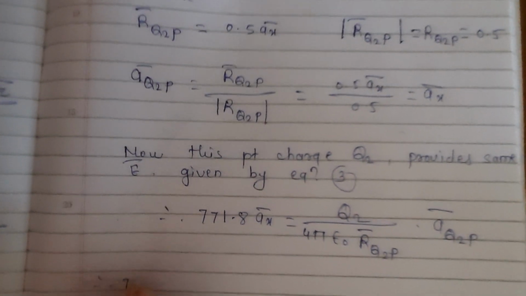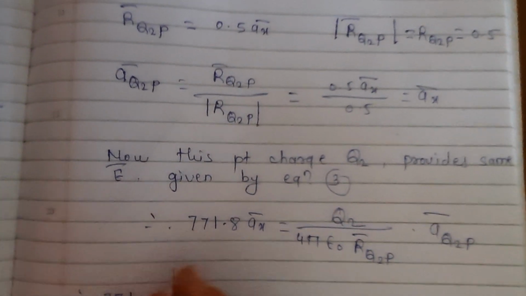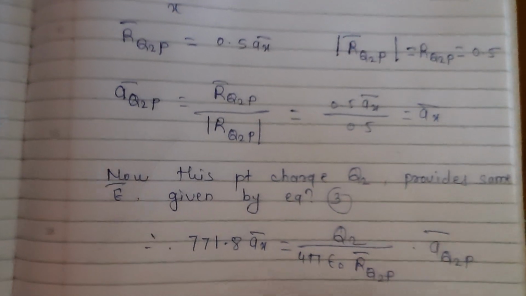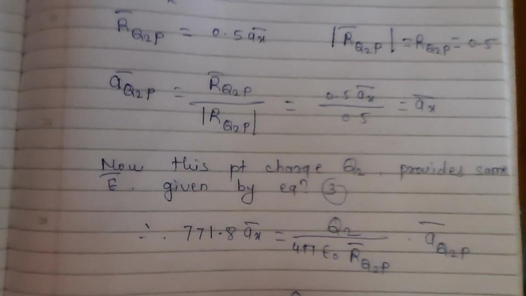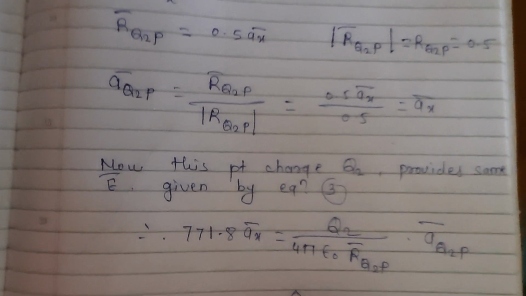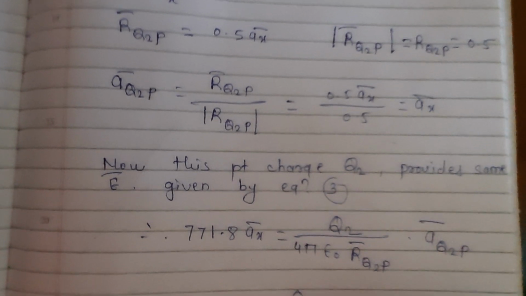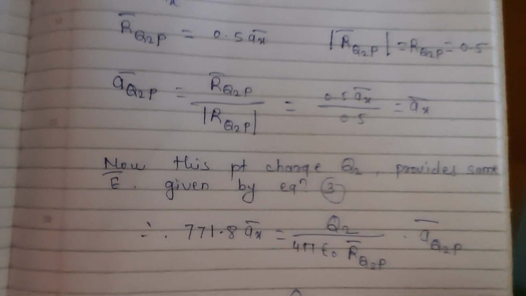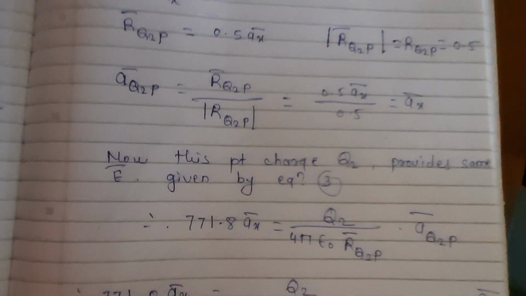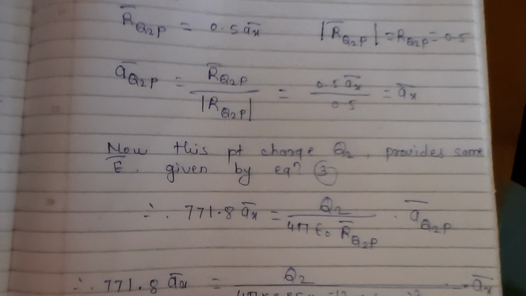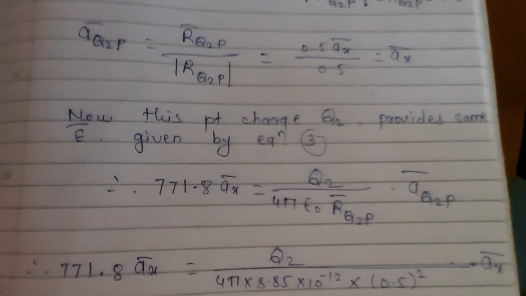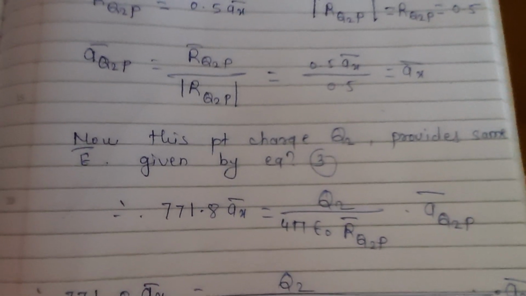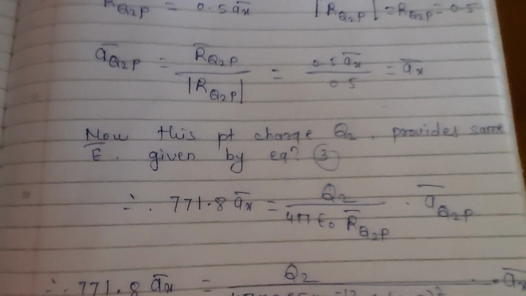So 771.8 ax bar is equal to Q2 divided by 4 pi into 8.85 into 10 raised to minus 12 into 0.5 square, dot ax bar. So the value of Q2 is 21.468 nanocoulomb.